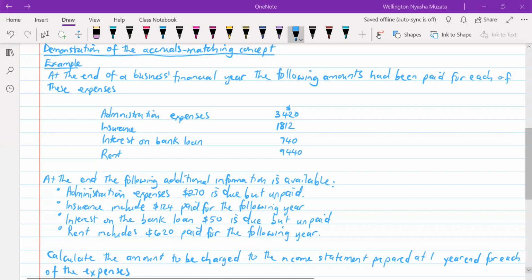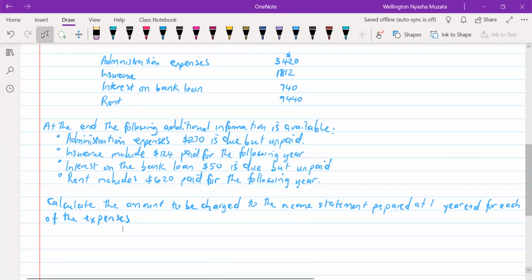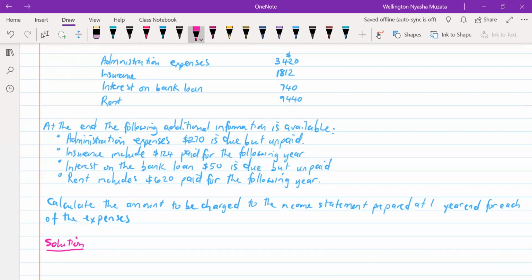We now need to apply the accruals matching concept. So the solution for the amounts to be shown in the income statement: under the administration expenses, we were given 3,420 on the list or the trial balance as the amount that was paid.